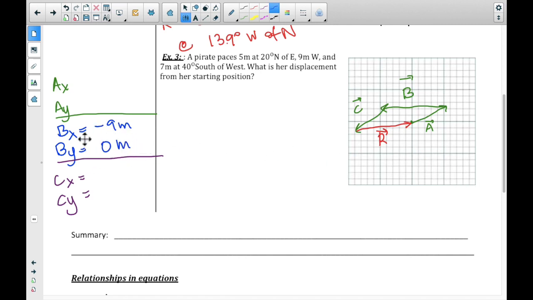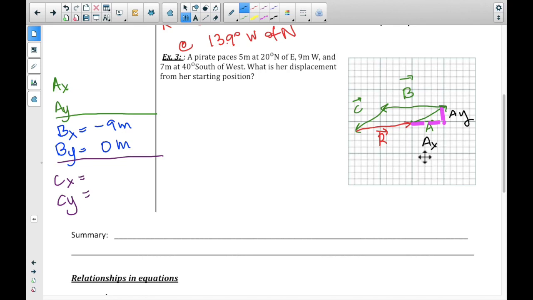What I'm talking about with these x and y components is I need to break these down into my components. So for the A, for instance, I'm talking about this and this, the x component and the y component. So this part is A sub x, this part is A sub y. And those are the components of the vector.